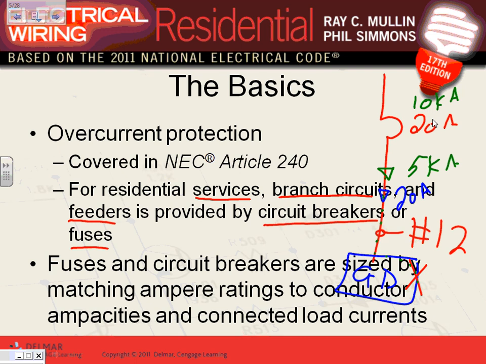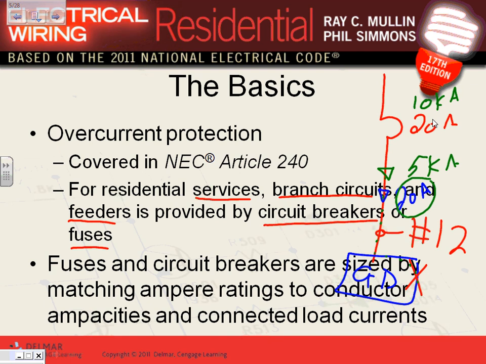Take this. The conductor must be able to handle the 20 amp forever going through it. That's the load. The 20 amp is a load. The same thing, the conductor must be able to handle the 5,000 amp if there is a short circuit in this piece of equipment, not forever this time. Not forever. For a predetermined amount of time.